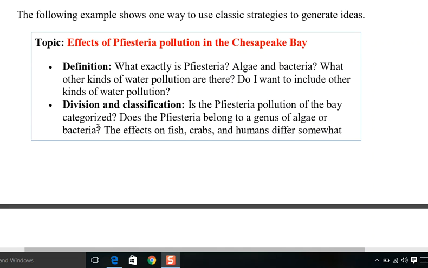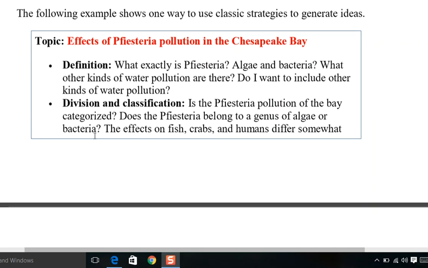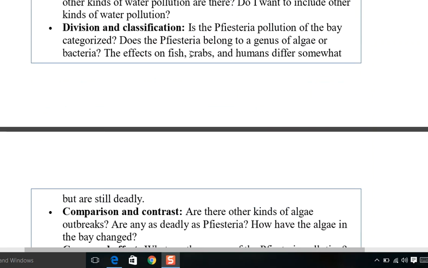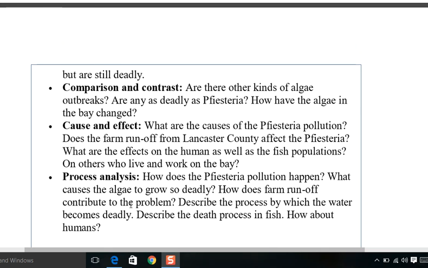It means dividing and classifying: how many subtypes and divisions are possible? Does the pollution belong to a genus of algae or bacteria? The effects on fish, crabs and humans differ somewhat but are still deadly. Comparison and contrast: Are there other kinds of algae outbreaks? Are any as deadly as Pfiesteria? How have the algae in the bay changed?